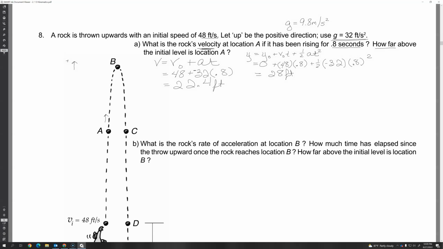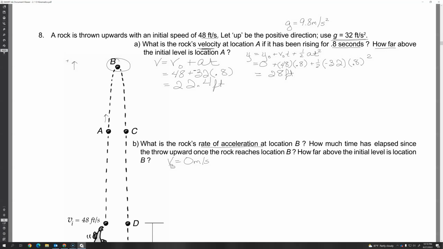Part B. What rate of acceleration? Okay, well, let's think about this for a second. Humor me, if you will. At the tippy top of the path, the velocity that the rock is experiencing is 0. That's what the velocity at B is.